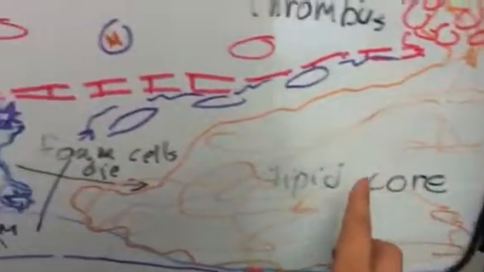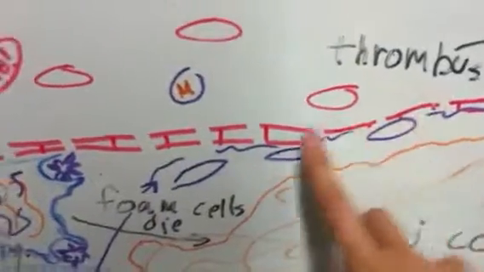Then when these foam cells die, they release their lipids and create this lipid core, right? And at the same time, some smooth muscle cells and fibers and elastin from the media and the adventitia are moving up to try and put some sort of cap.